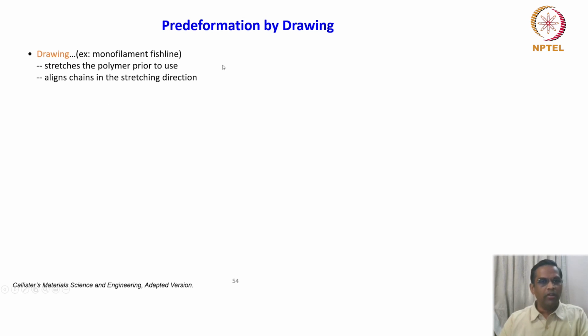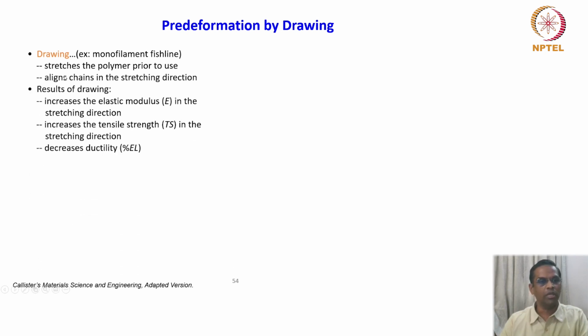What kind of deformation process do people use on these polymers? Drawing is one of the primary processes. It's also used in monofilament fish line. It stretches the polymer prior to use and aligns chains in the stretching direction. That is one operation. Why do we do this?